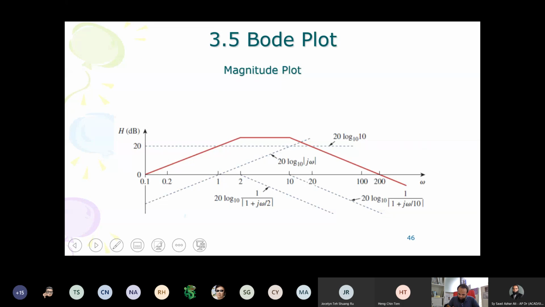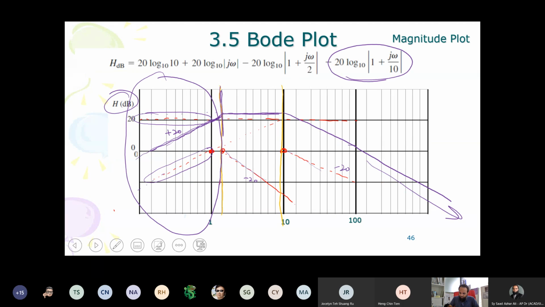Thank you. So this is basically the actual plot that we were expecting to see after all this effort. You can see a few things. This is 0.1, 2, 10, 100, all these things.